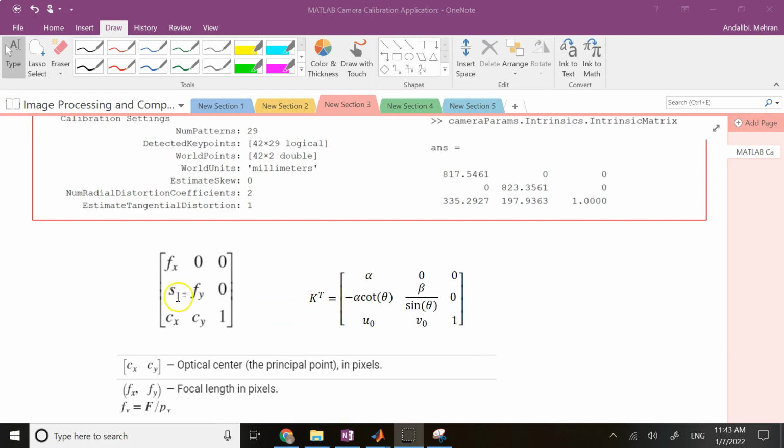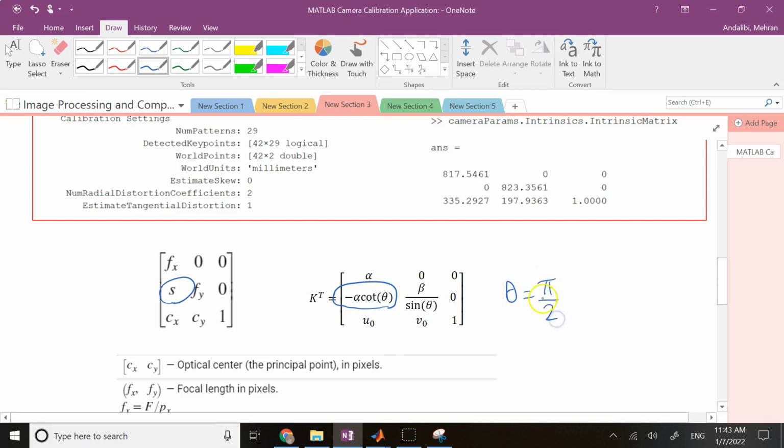And so the skew factor, or S, that you can see here, it is coming from what? This one. It is coming from negative alpha cotangent of theta. Well, alpha is a constant number. The only reason that number is not equal to 0 is because cotangent of theta is not equal to 0, and that means theta is not equal to pi over 2.